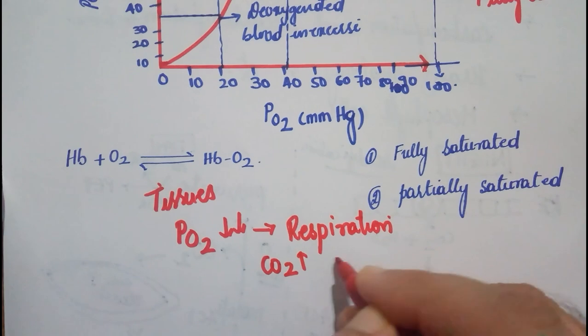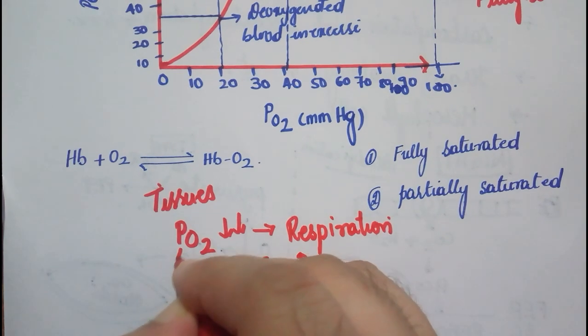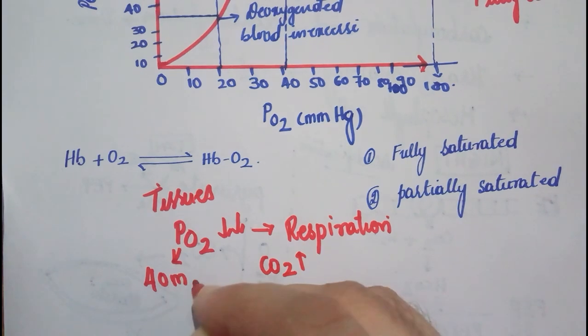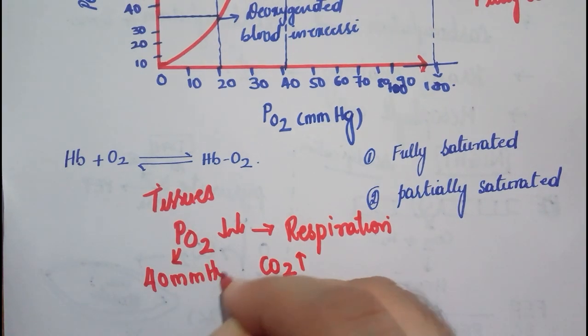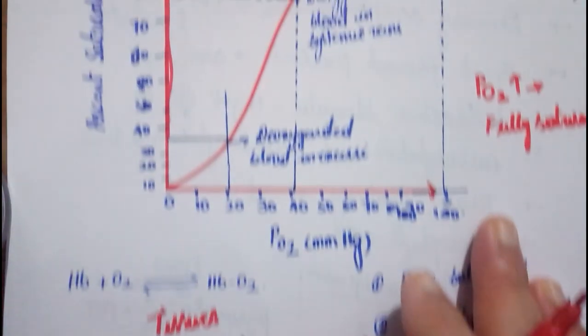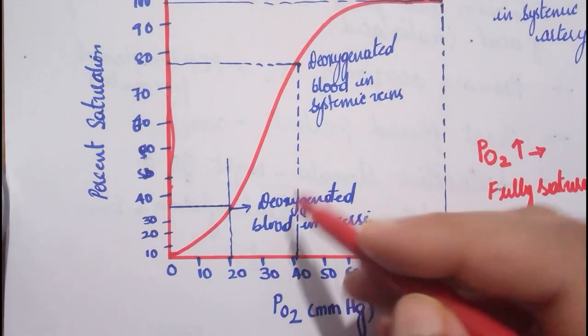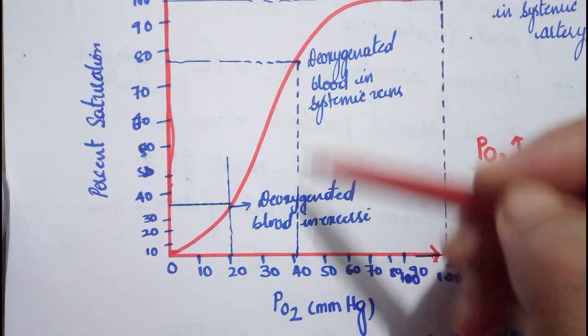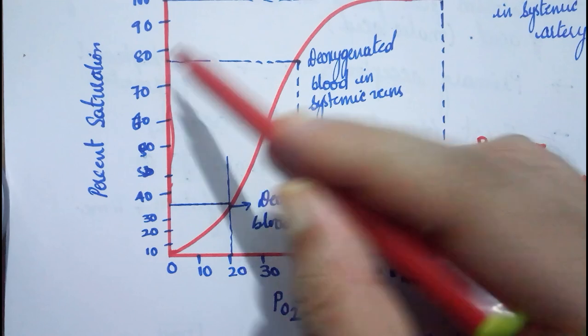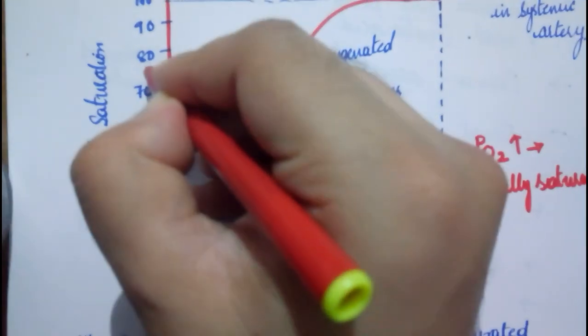So at the tissue level, the partial pressure of oxygen almost falls down to 40 millimeters of mercury. Now at this 40 millimeters of mercury, what is the percentage saturation? It is somewhere around 75%.